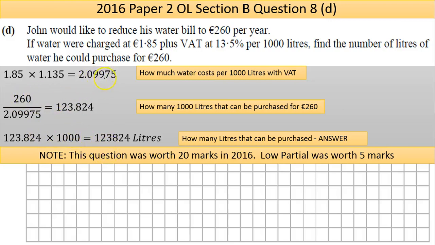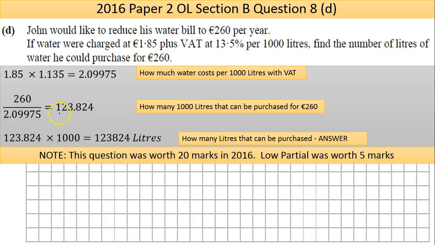So keep this figure going. Okay, it's only 5 decimal places, and this is the same for any question, be it trigonometry. Rounding early or converting something early will usually involve a penalty because your answer is not as accurate as it could potentially be. So I'm dividing the 260, the amount he wants to spend, by the cost of 1,000 litres.